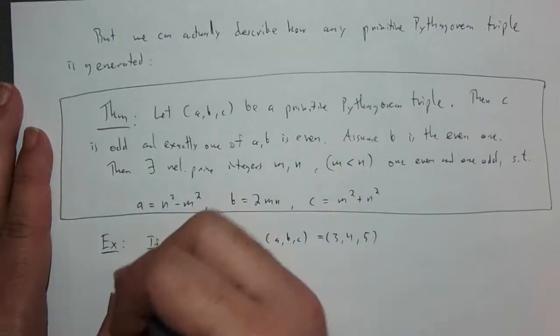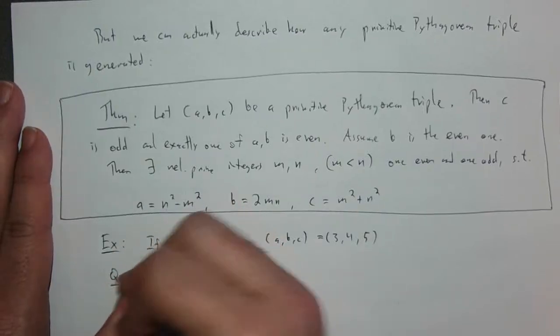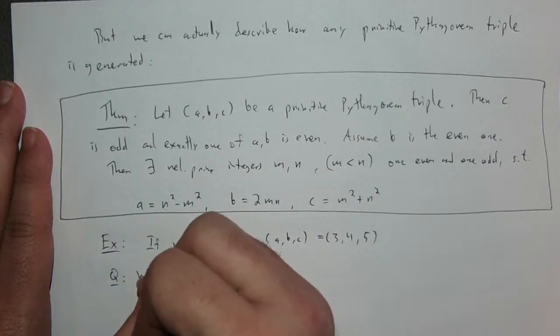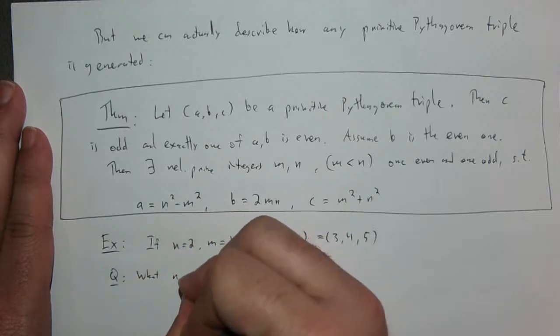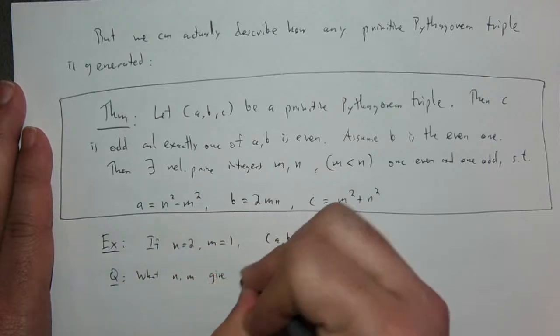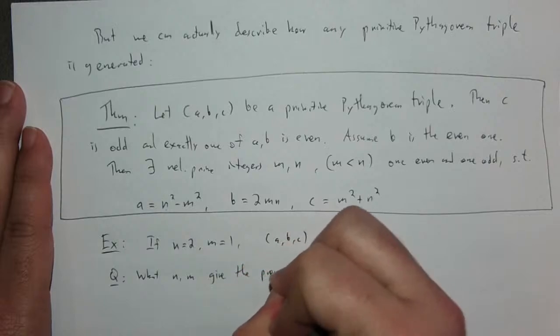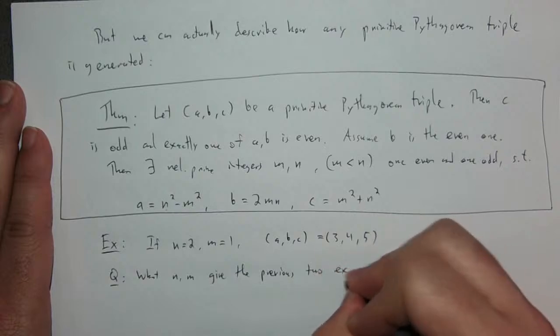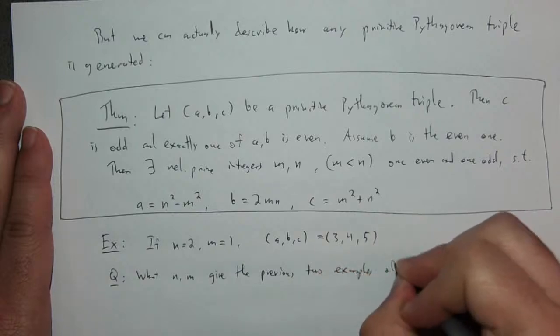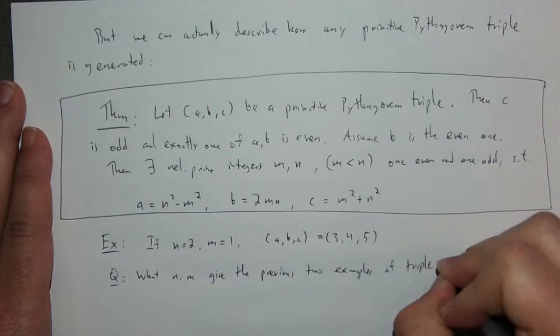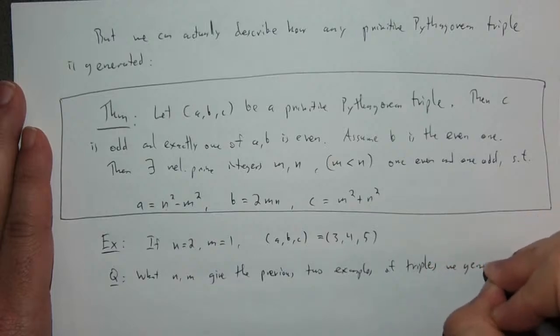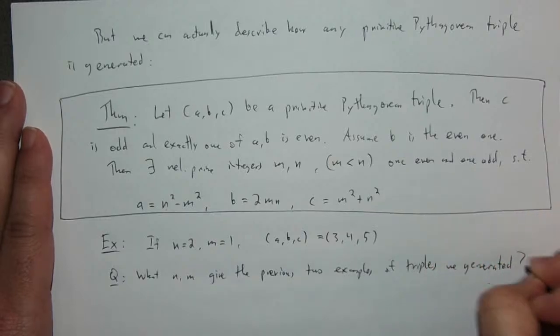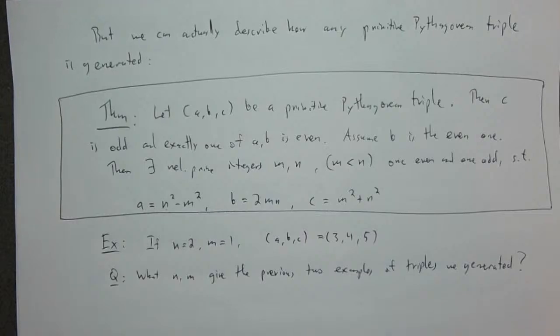So here's a question: what n and m give the previous two examples of triples that we generated? I want you to think about that.